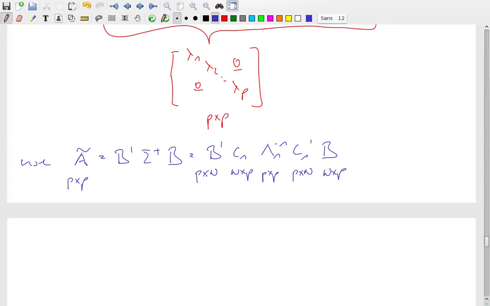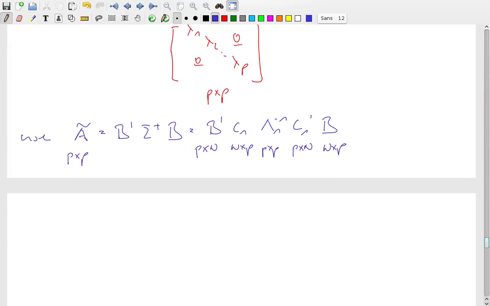Okay, and remember, ultimately what we were after was we were interested in figuring out the rank of alpha tilde. Right? That's where we started the whole exercise from. And to figure out the rank of A tilde, it's now helpful to take a look at the right-hand side expression, because we can figure out what the rank of A tilde actually is by using, again, the product rule.